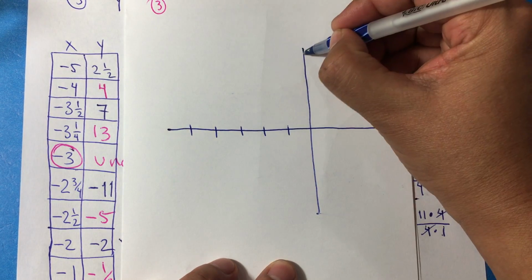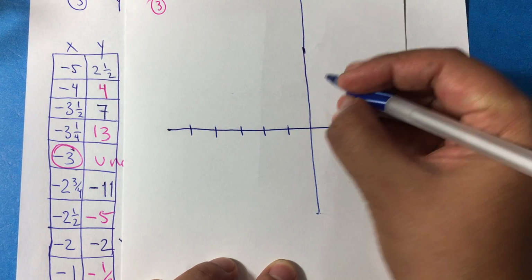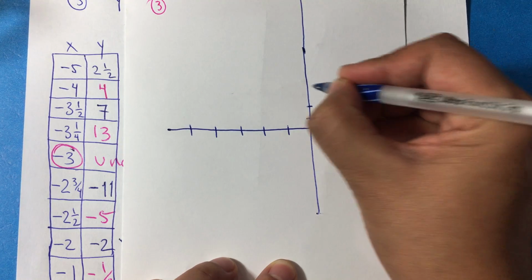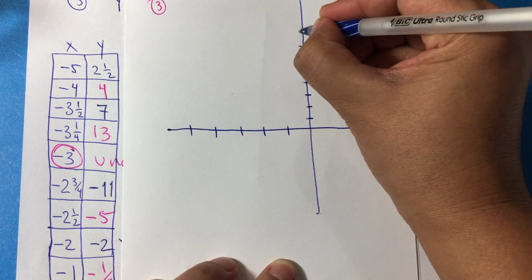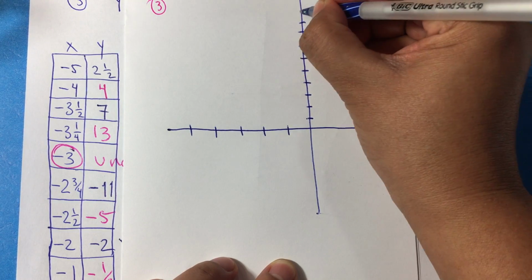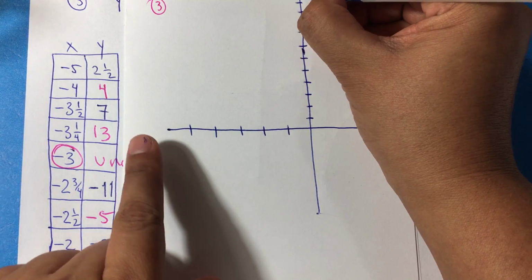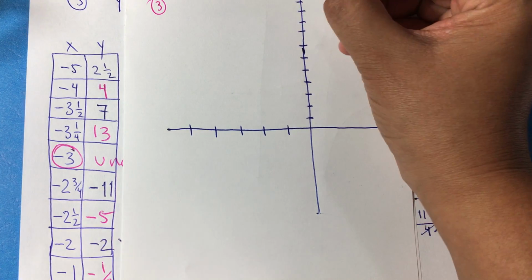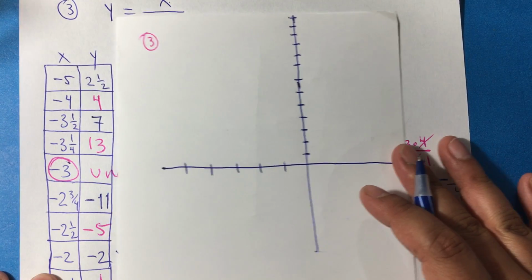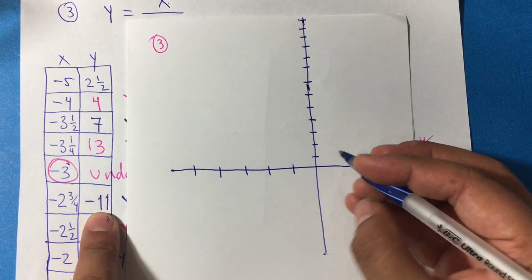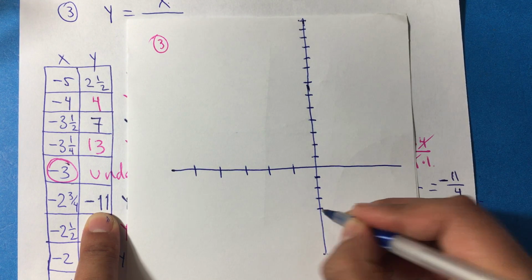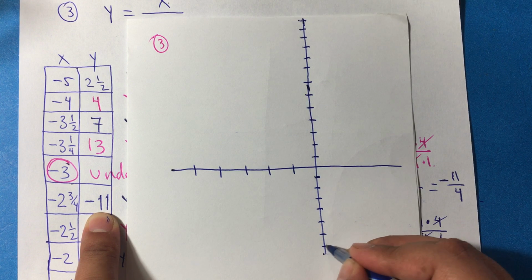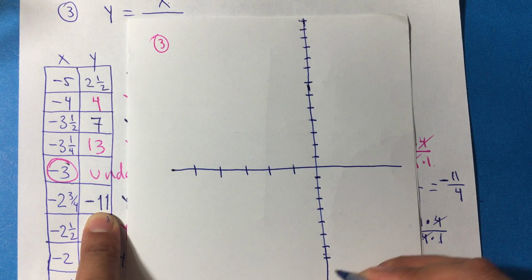We're going to make them a little closer. And so 1, 2, 3, 4, 5, 6, 7, 8, 9, 10, 11, 12, and 13. Barely made it in there. And then for this one, as low as negative 11. So 1, 2, 3, 4, 5, 6, 7, 8, 9, 10, 11.